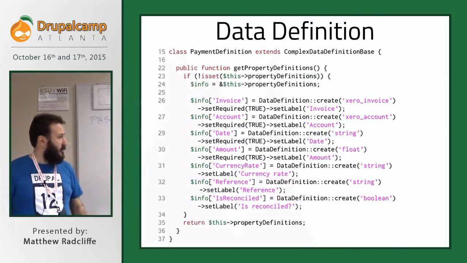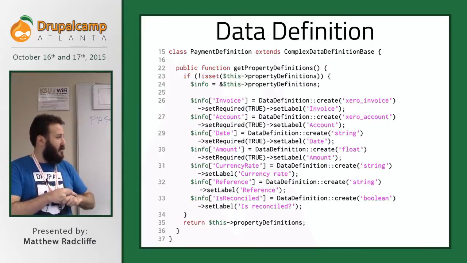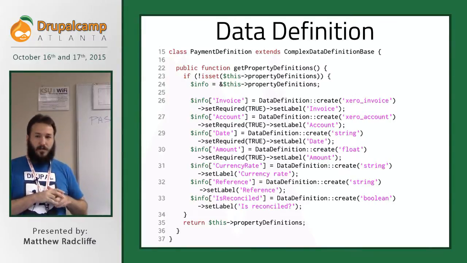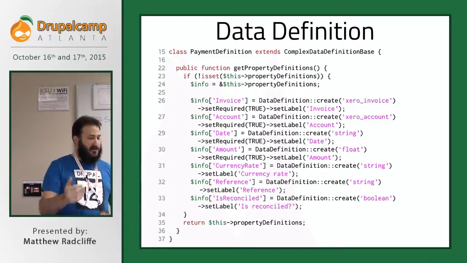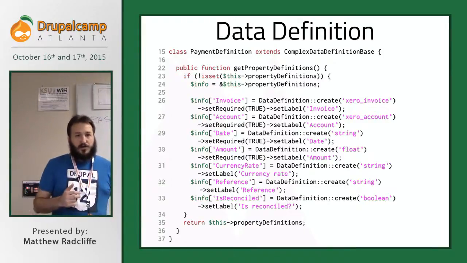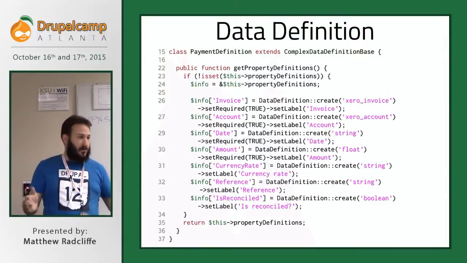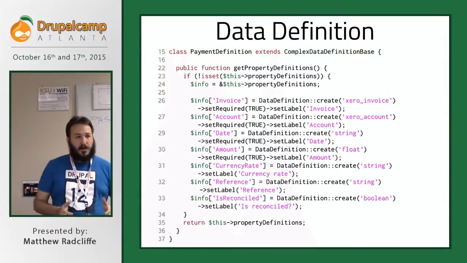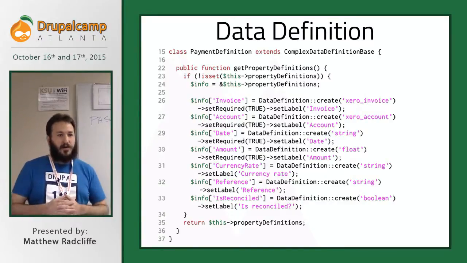I did not include it in this one, but you can add constraints. In Drupal 8, the constraint system is inherited from Symfony 2. So if I had allowed values, like the allowed values functions we had in a select list, that's now a choice constraint or an allowed values constraint.